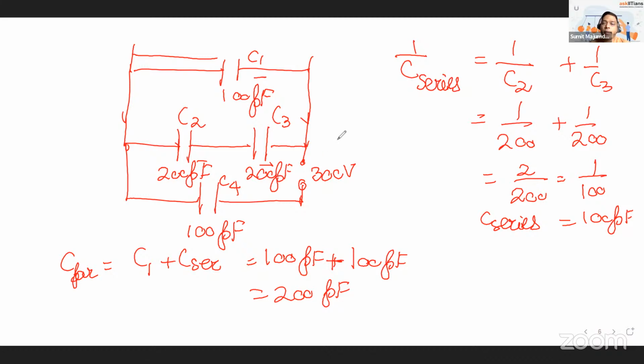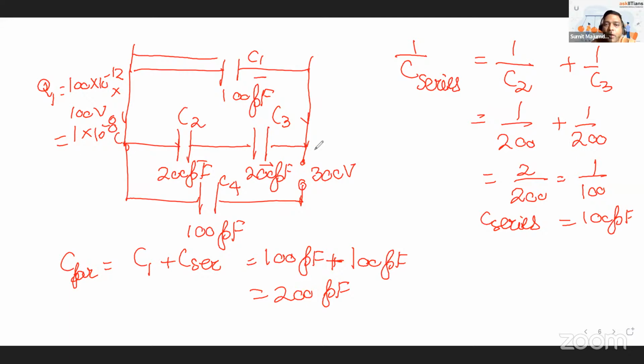Correct? Okay. So let's now try to find out how much is the charge in C1. C1 is 100 picofarad, right? So 100 into 10 raised to power minus 12. Voltage is 100 volt, correct? So therefore, how much will we get? We get 1 into 10 raised to power minus 8 coulomb.